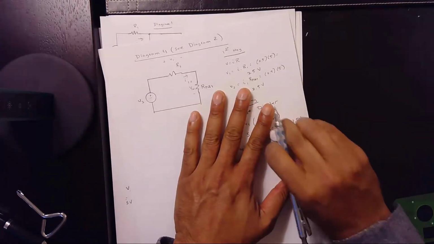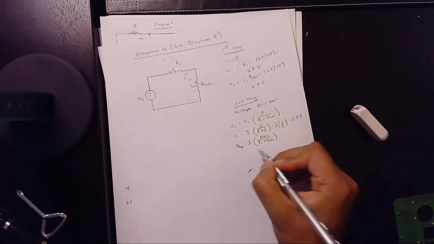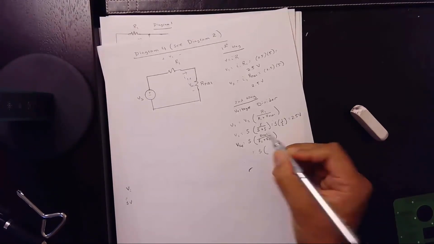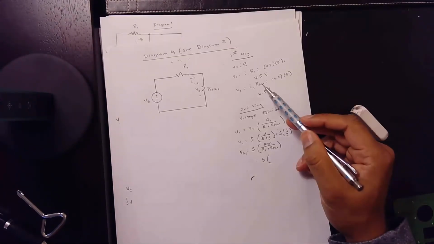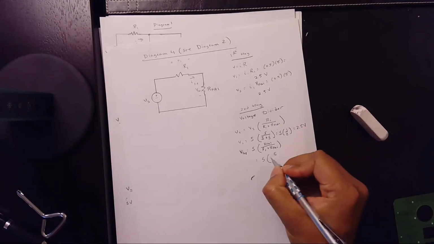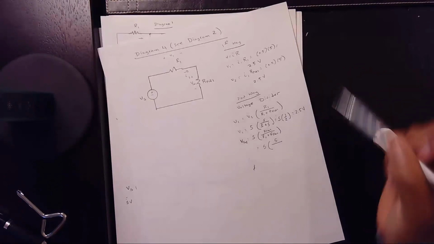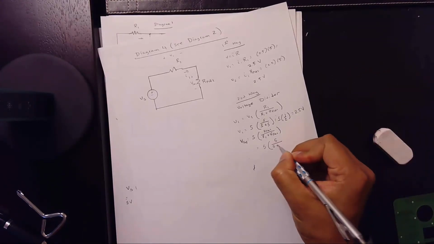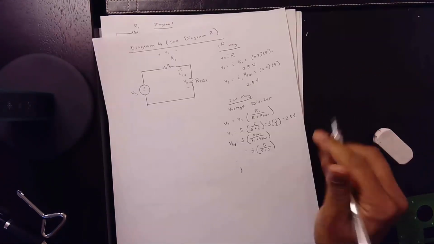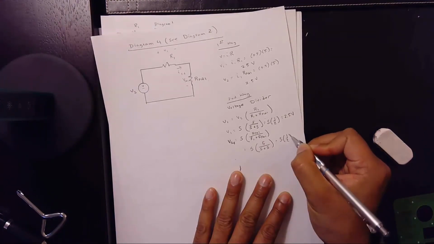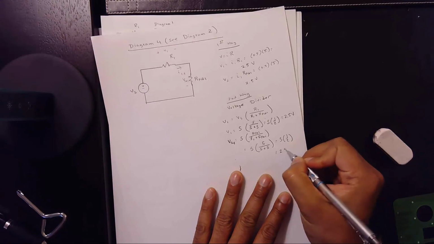It's equal to 5 times REQ1, which is 5, over R1, which is 5, and REQ1, which is 5, which is again 5 over 10, which is equal to 2.5 volts.